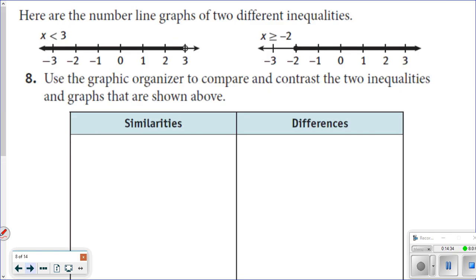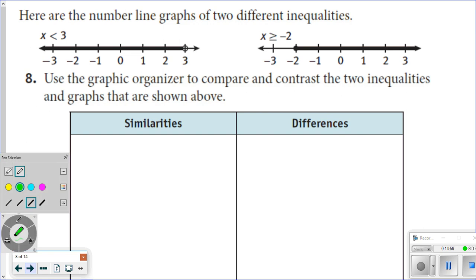What I would like you to do is definitely pause the video here, please. And I would like you to answer similarities and differences in that table. So you have two different number lines.